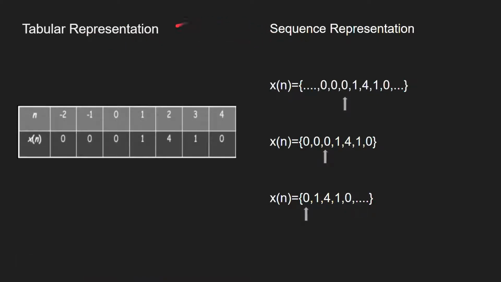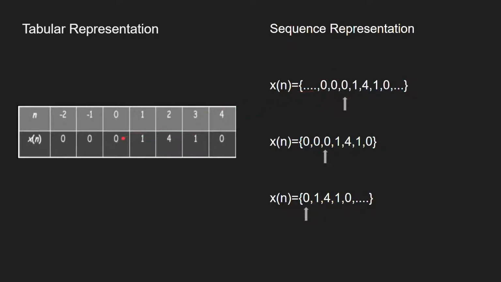So for tabular representation, you get a table with value of n and the corresponding x of n value. And sequence representation is what we've seen so far, which is basically a sequence or a set with an arrow indicating where the origin, n is equal to 0, lives.